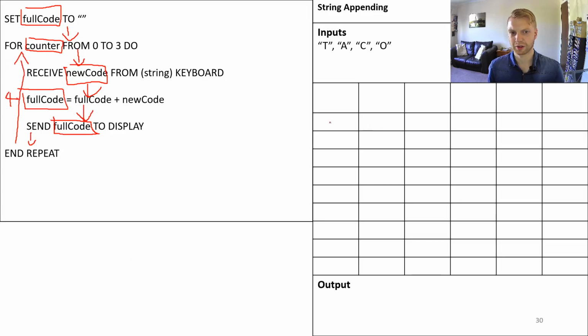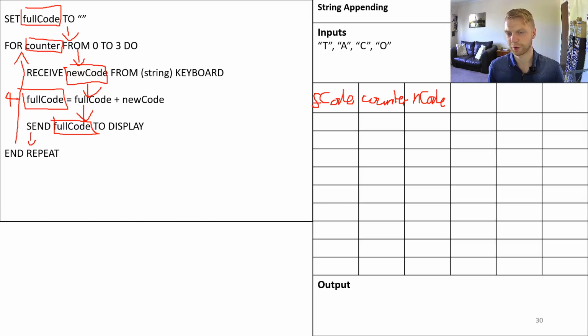Right, columns, so I'll make this F code for full code, and counter again, and new code, so I'll call that N code, and yep, that's all the variables.